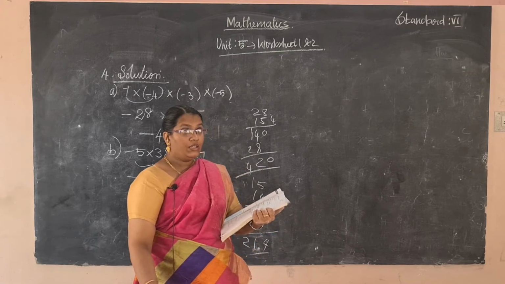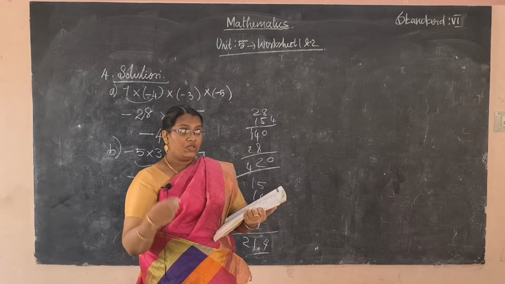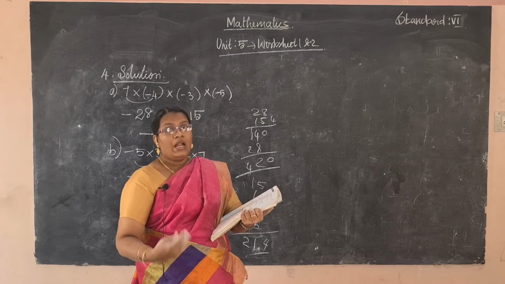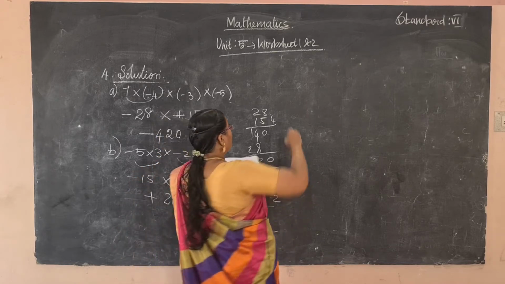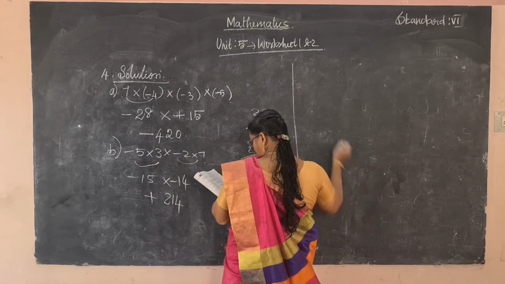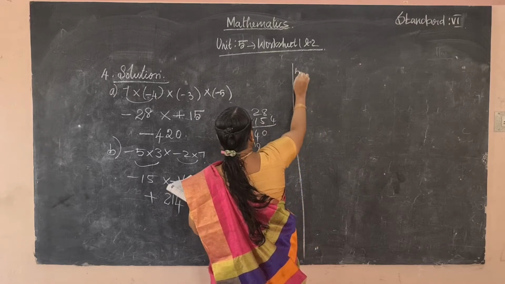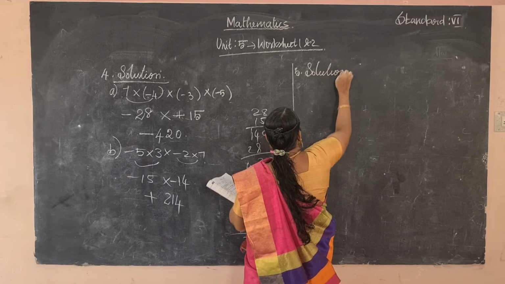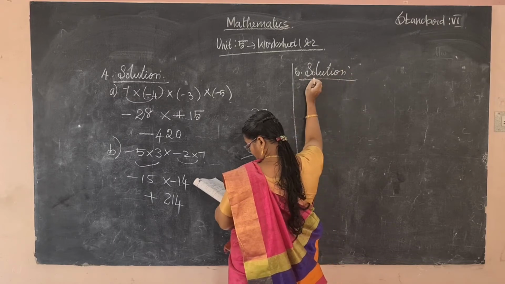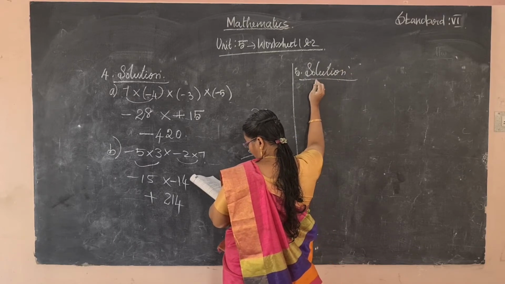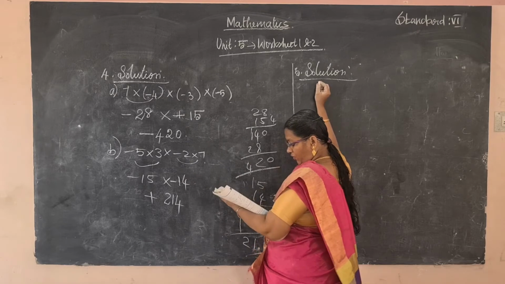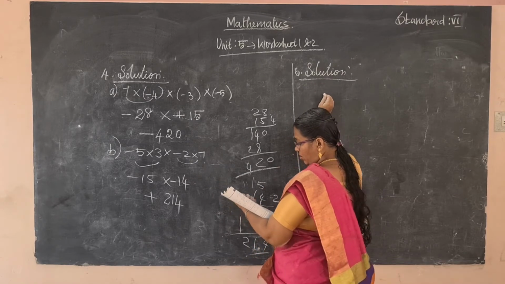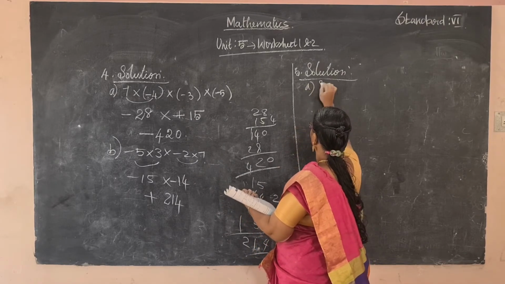Next, fifth problem: write the opposite of the following. Already we have learned this chapter first. We have learned the opposite of natural numbers. Fifth one, write the opposite. Driving 40 km north. What is the answer?